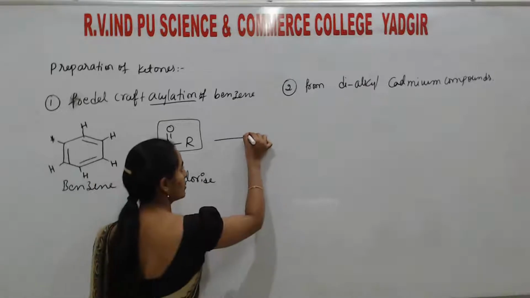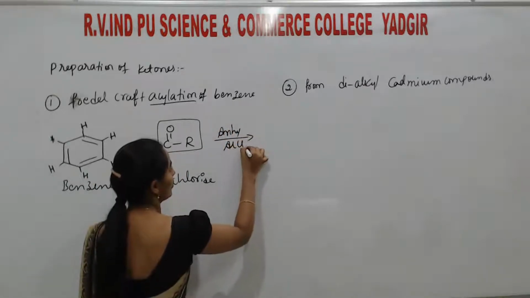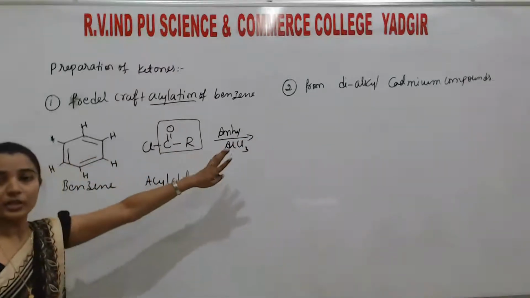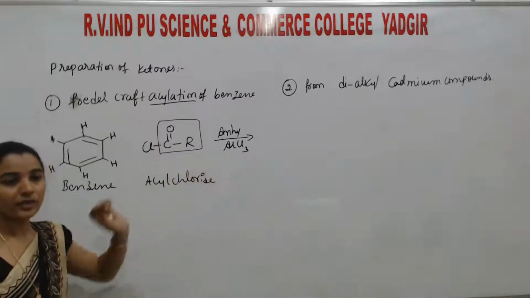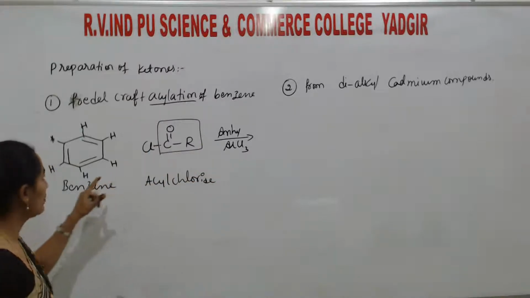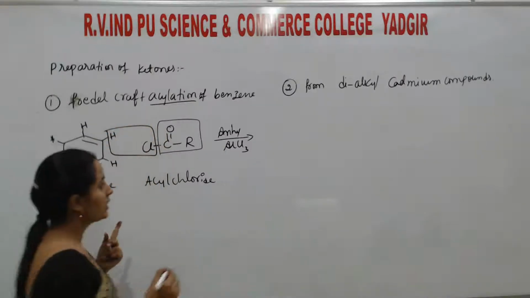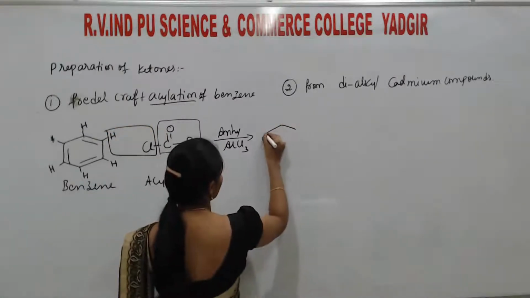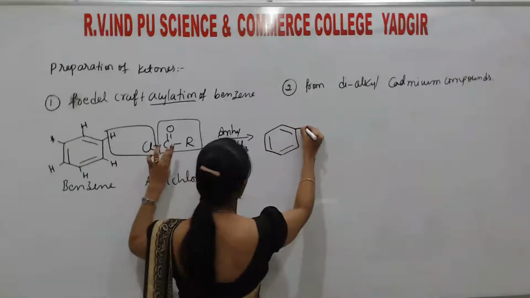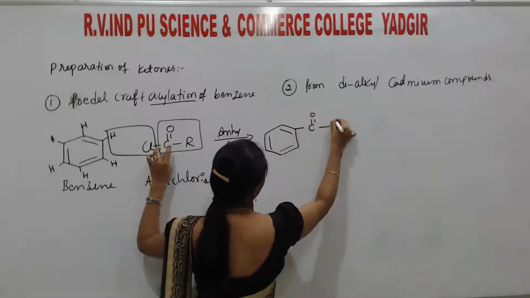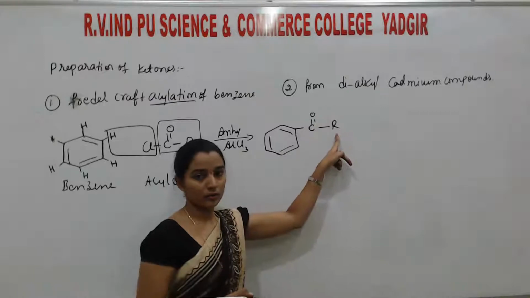So here the reagent used is what? Anhydrous aluminium chloride. This is the Friedel-Crafts reagent. Then, of course, HCl is removed, so this benzene at this place is going to attach with this group, R C double bond O R.